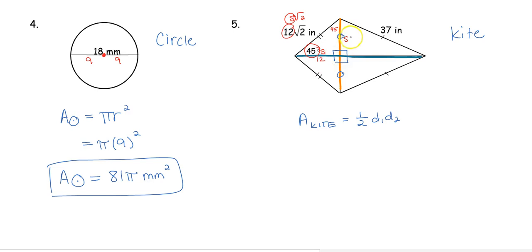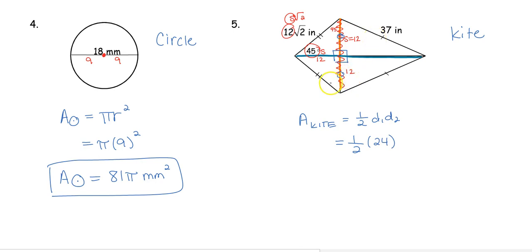So this side is 12, this side is 12. These two sides are congruent, remember, so this is going to be 12 as well because that short diagonal is being bisected. That's going to actually give us our first diagonal. So we have 1/2, that short diagonal is 24, 12 plus 12.